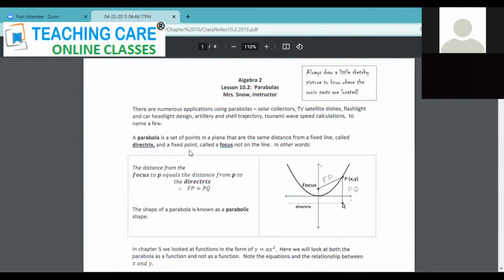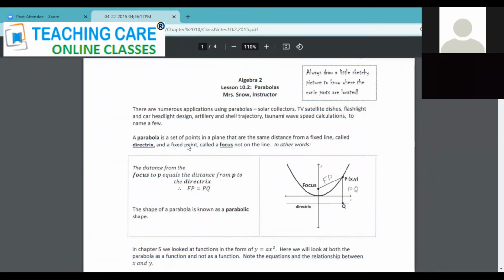So a parabola is a set of points in a plane that are at the same distance from a fixed line. This is the focus you will be having, and this is the point P. And this is the directrix. This is a fixed line, both the sides will be of the same distance, called the directrix.